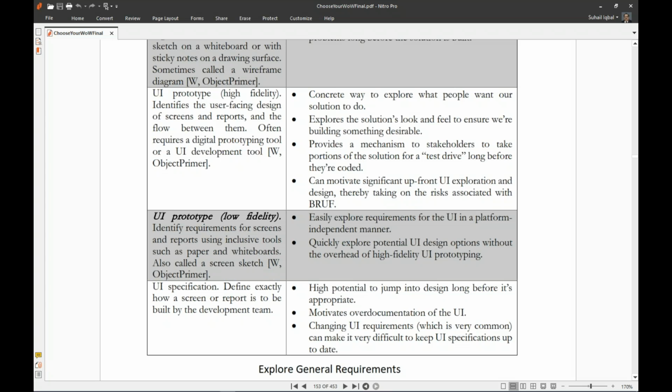Provides a mechanism for stakeholders to take a portion of the solution for a test drive long before it is coded. Can motivate significant upfront UI exploration and design, thereby taking on the risks associated with BDUF.